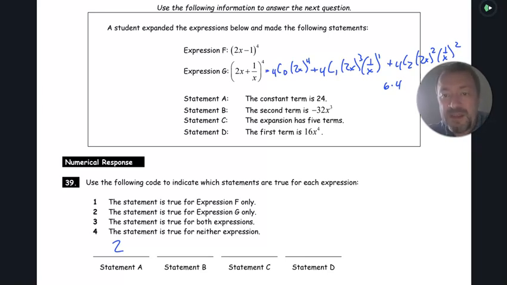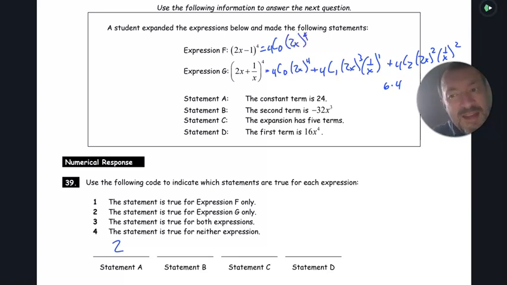The second term is −32x³. Well, okay, that can't be true for expression g. And the reason it can't be true for expression g is because there's no negative there. There's no way for a negative to pop out as the coefficient. So let's just take a look at expression f here. So the first term is going to be 4 choose 0, (2x)^4.